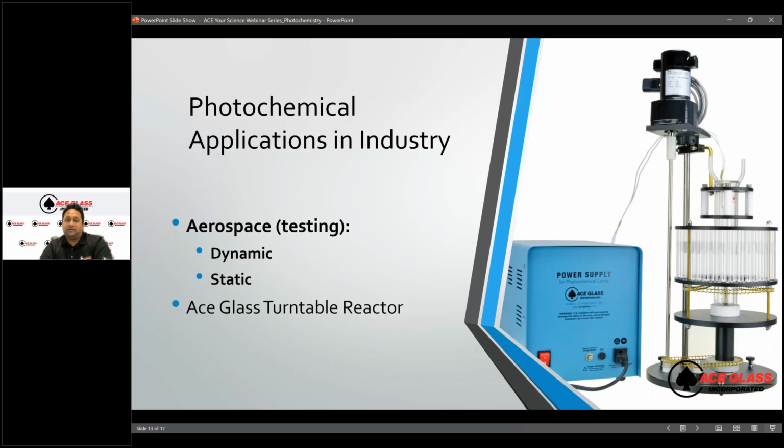And the ACE glass turntable reactor allows for this type of testing. Not so much that, because it can test a variety of samples at the same time, but we can also place it in a chamber where the conditions are similar to that of high altitude, so lower temperature and low atmosphere or low humidity for the most part, very dry.